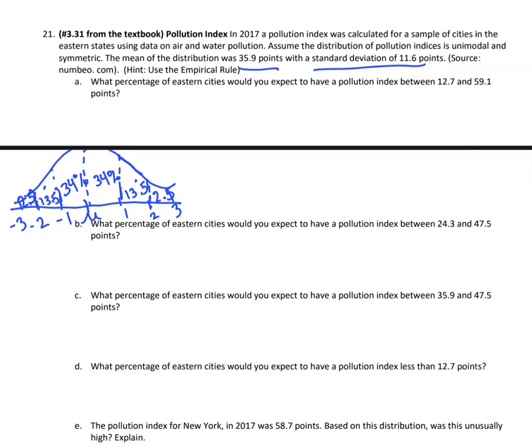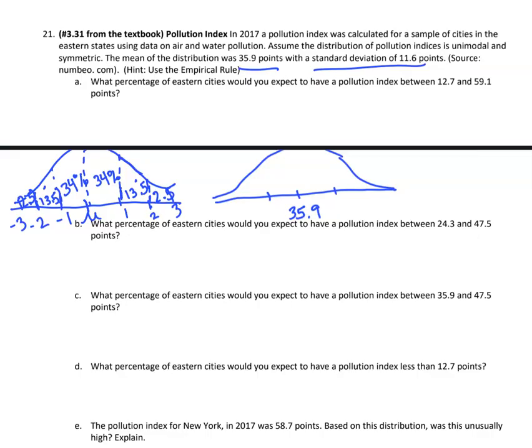So we've got a mean of 35.9, which is going to go right in the middle. They told me the standard deviation is 11.6. So calculate one below, one above. Take your calculator out, do this with me and practice it.